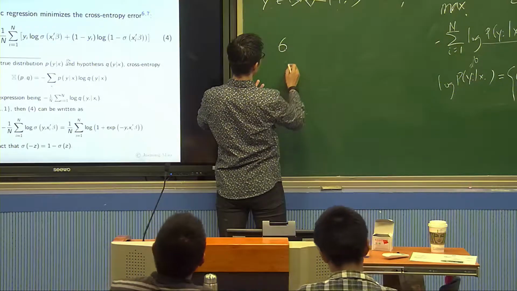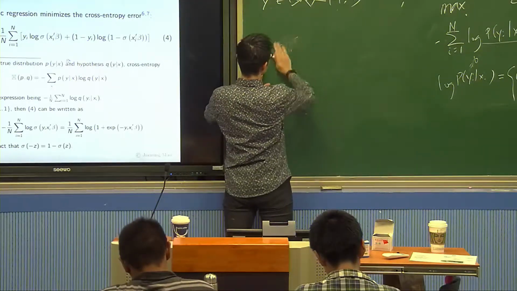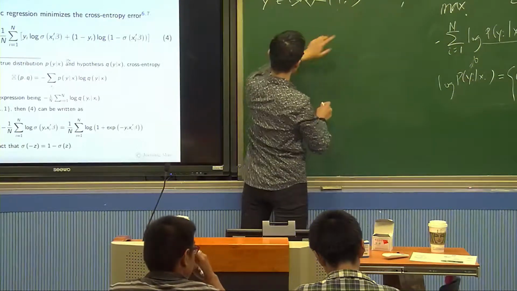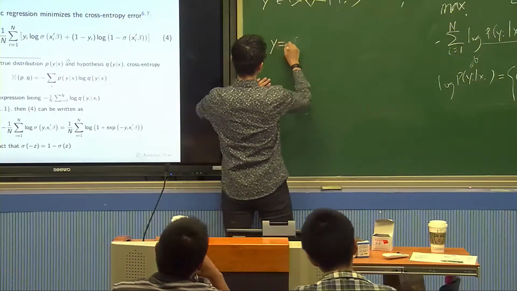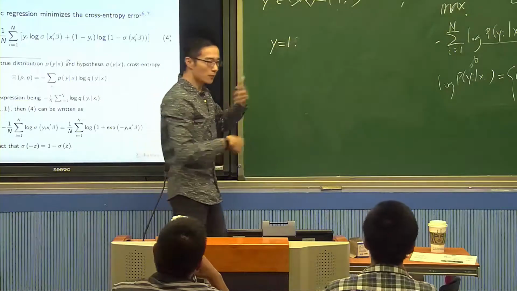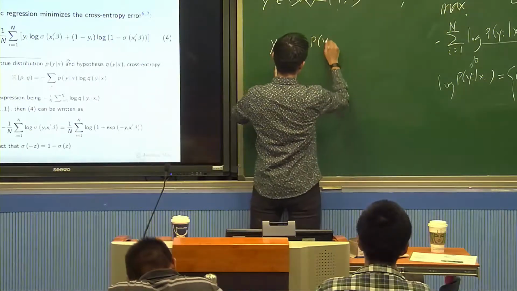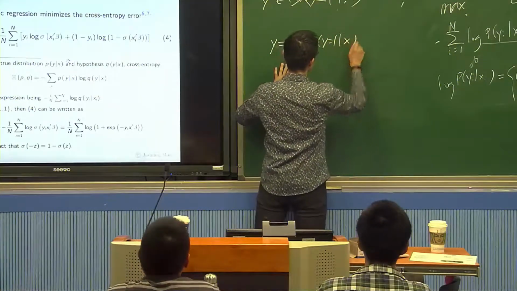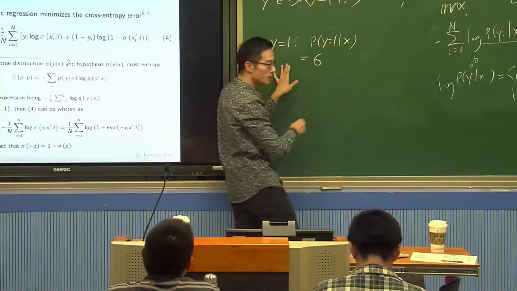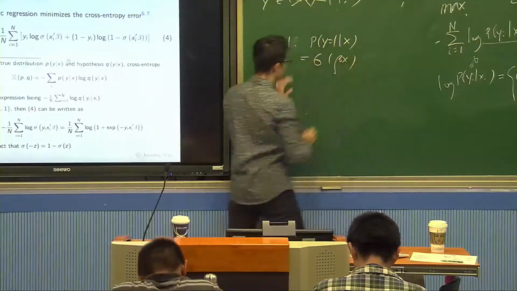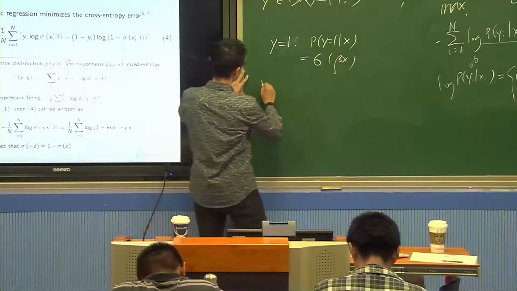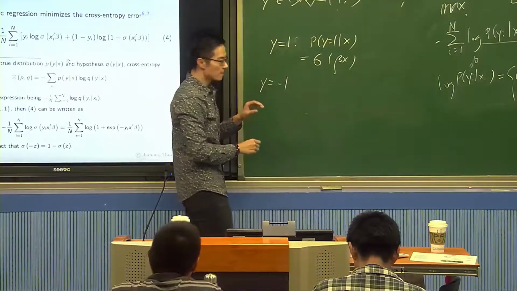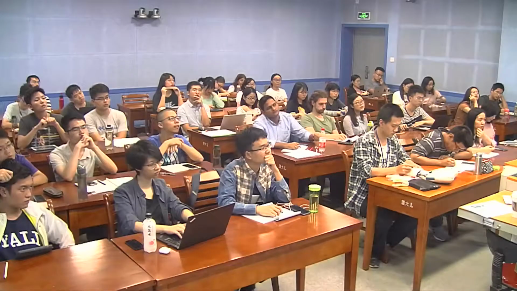What is sigmoid? If y is equal to minus 1, 1, then when y equals 1, the probability y equals 1 given x will still be sigmoid of beta x. That's still the model. Now, when y equals minus 1, the probability is equal to 1 minus sigmoid beta x.